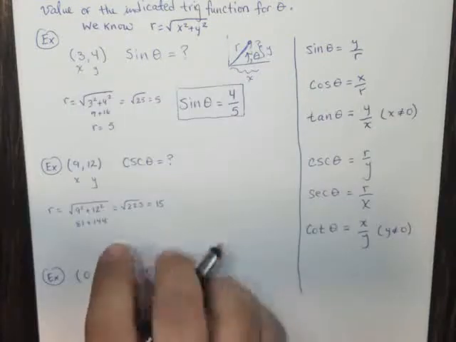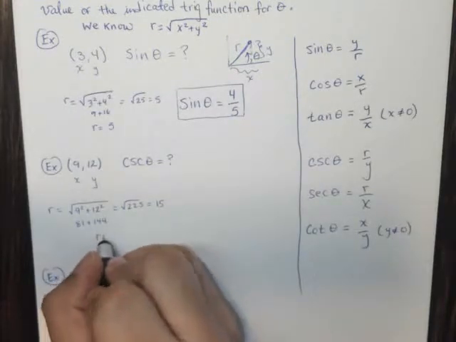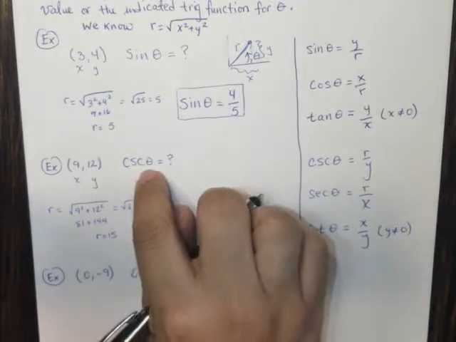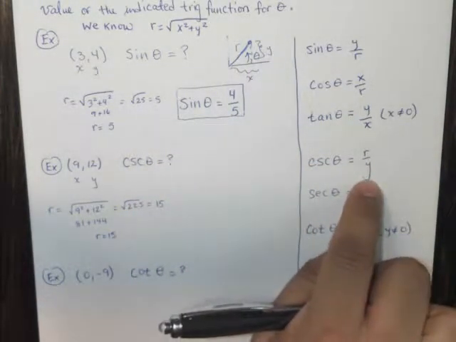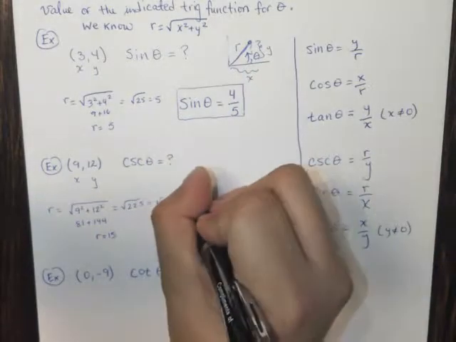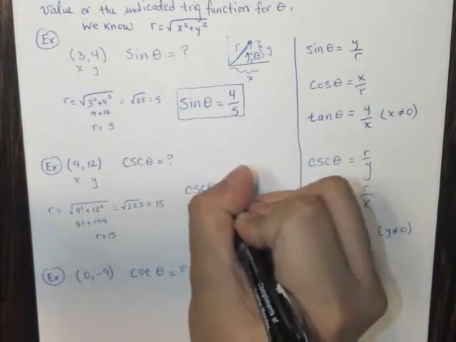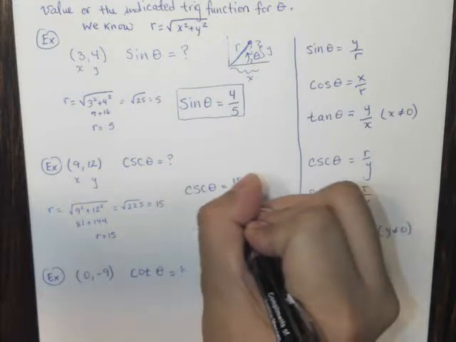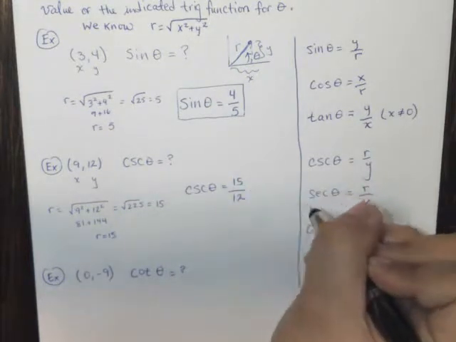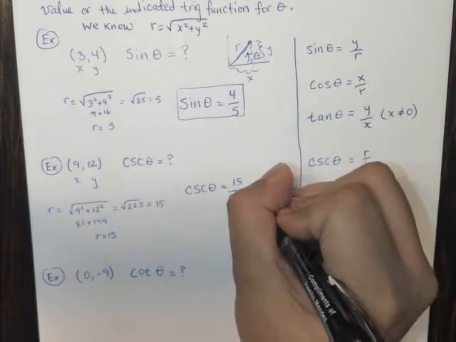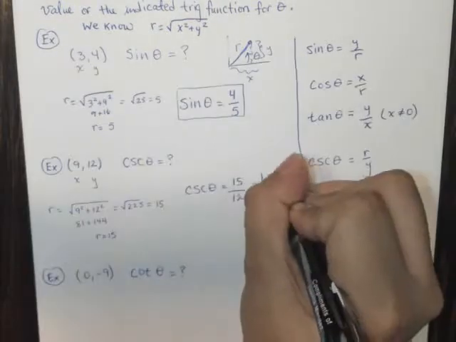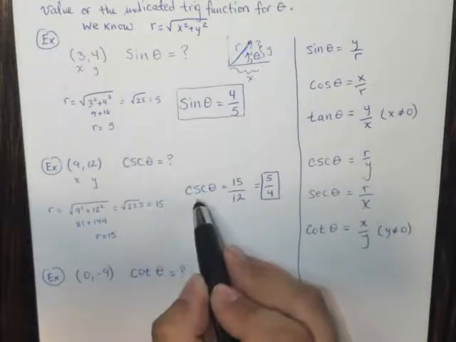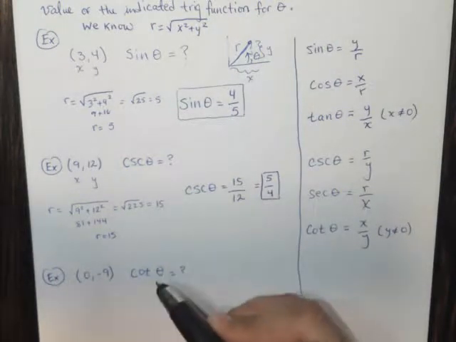So r equals 15 in this case. All right, so the cosecant of theta, which we said over here was r divided by y, is going to be 15 divided by 12. And you, of course, can reduce this, and it becomes 5/4. So that's what that looks like. So the cosecant here is going to be 5/4.